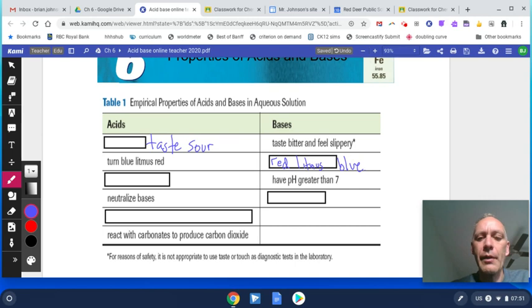Bases have a pH greater than 7. Acids are the opposite: pH less than 7. Acids neutralize bases, which means that bases neutralize acids. Makes sense, everything's opposite. Okay, next column.